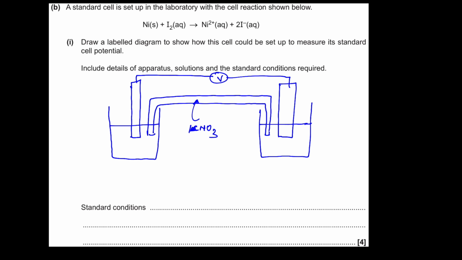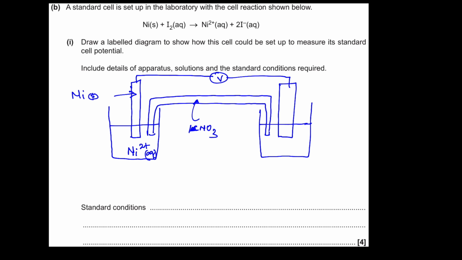To determine what the electrodes are, we look at the reactants. One of them is solid nickel, so we can use a solid nickel electrode, with a nickel 2+ aqueous solution electrolyte, so that would be nickel sulfate.